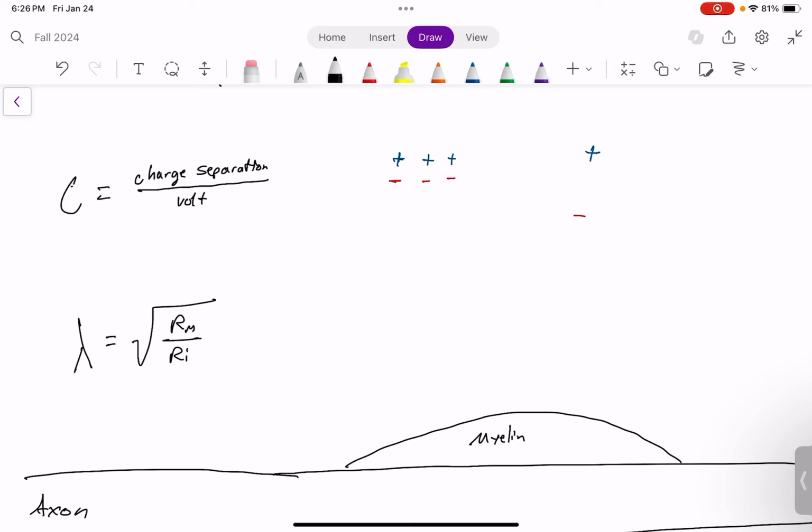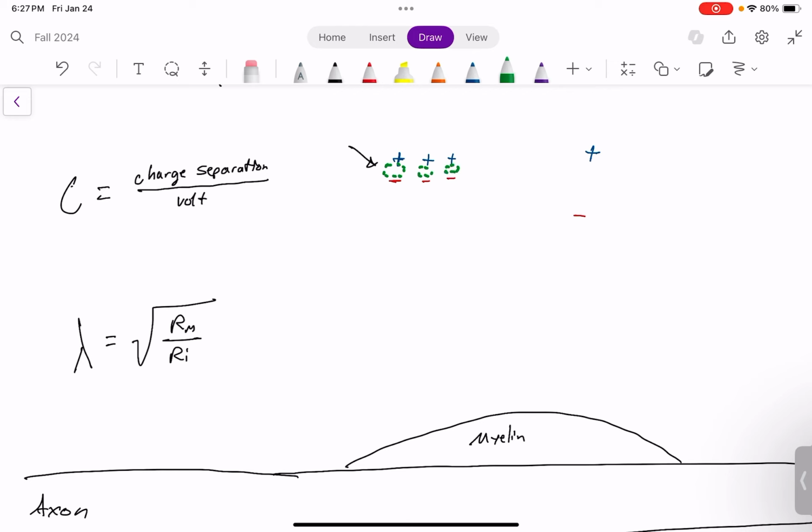First off, conductance. Now, conductance is the charge separation per volt. What this means is that it's how much charge is required for there to be the same amount of potential energy or voltage. And so, if the charges are closer together like this, then more of their electric field is being absorbed by each other.